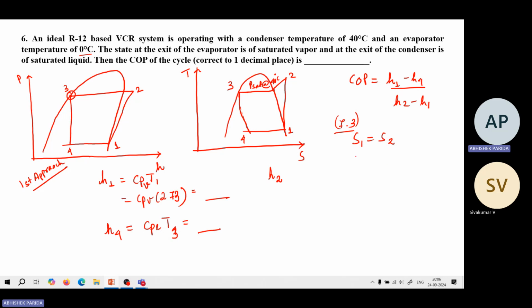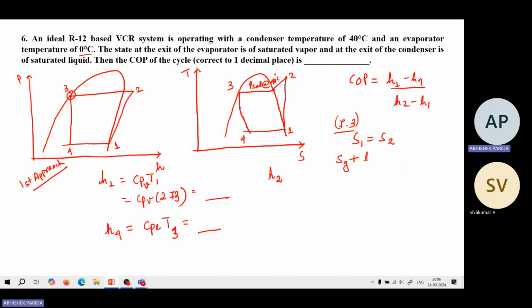So what you have to find out is the temperature at T2, and you need to use the formula. What is this process? This is a constant pressure process, and the temperature is increasing.